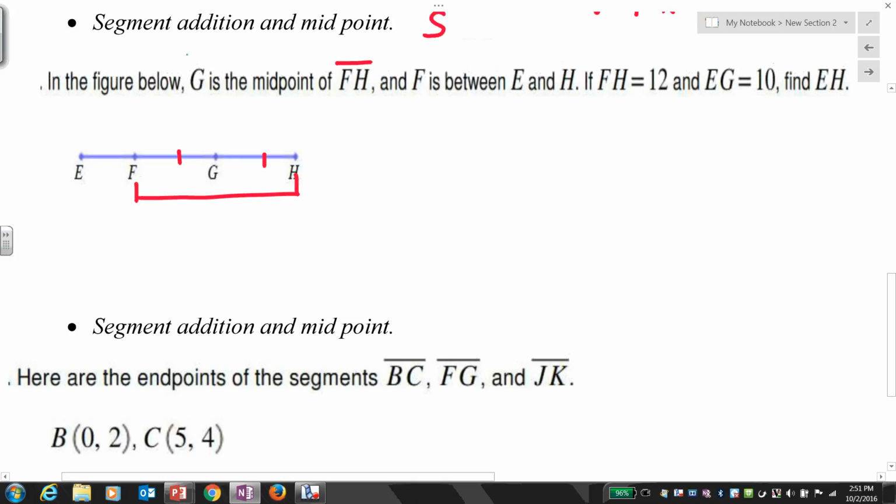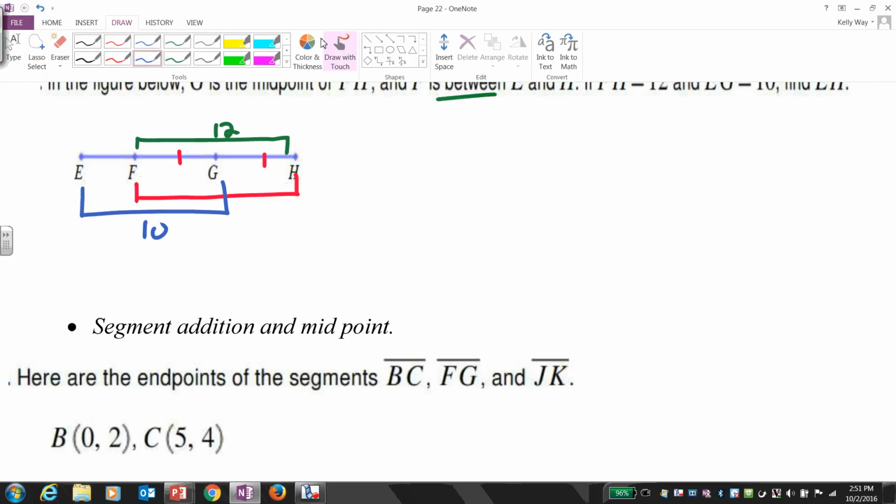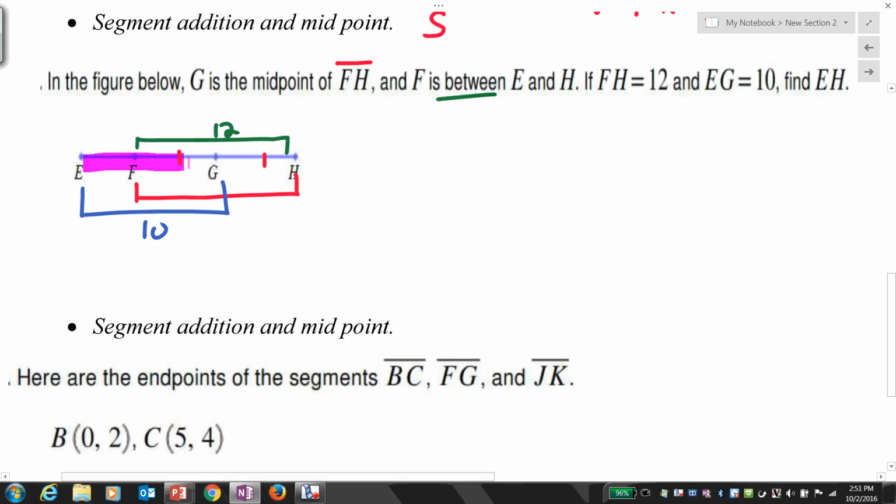F is between E and H. Between doesn't mean the middle. F to H is 12, and E to G is 10. It wants you to ultimately find E to H.